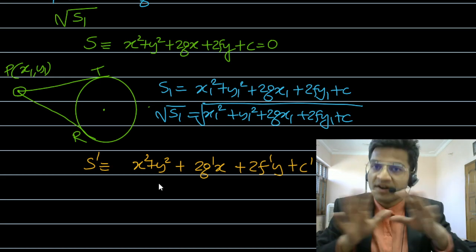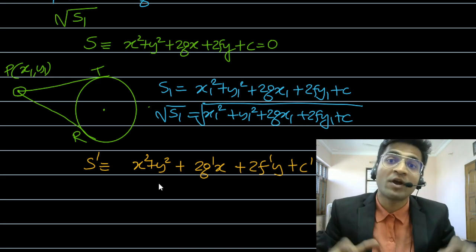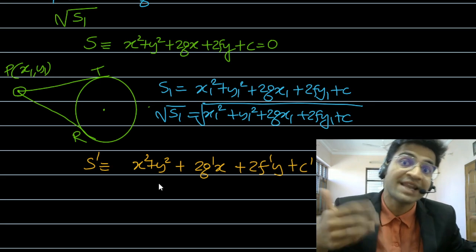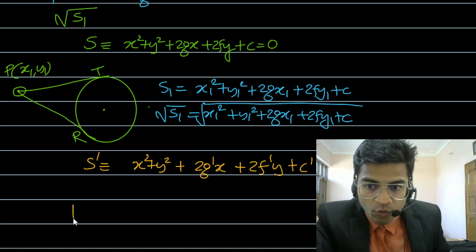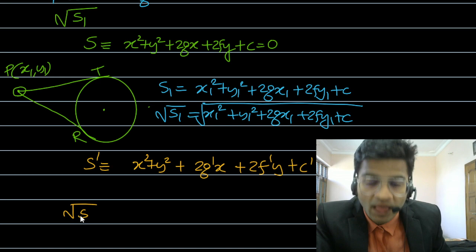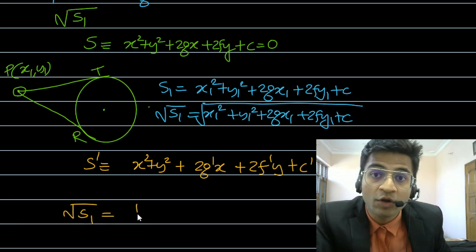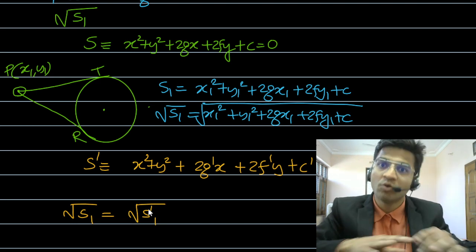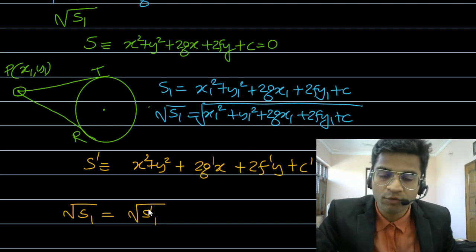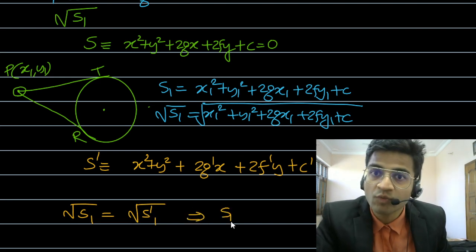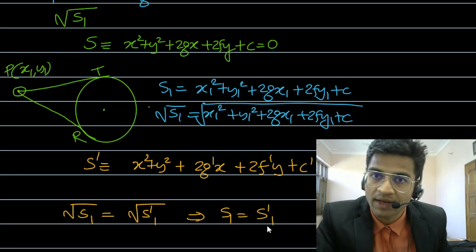So a radical axis is a locus of a point from which tangents drawn to two circles are equal in length. That is, root S1 will be equal to root S dash 1. Now just square both sides. We will get S1 is equal to S dash 1.